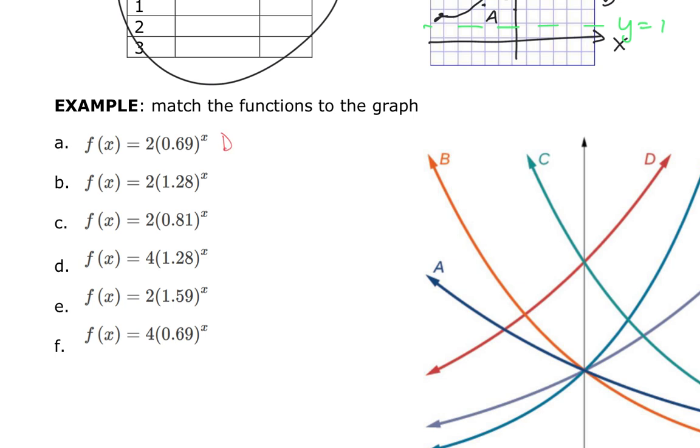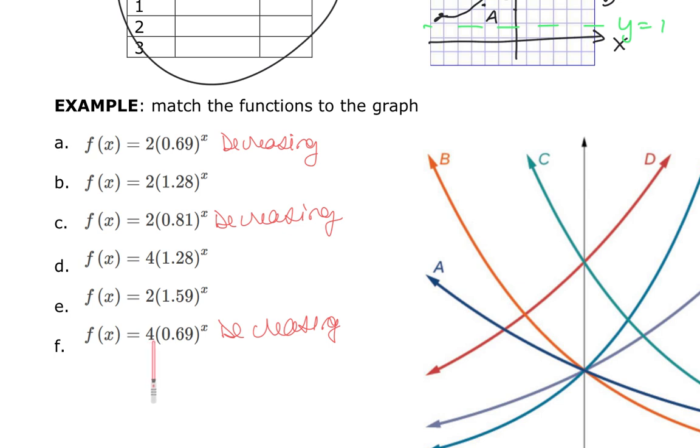So I know this one's decreasing. This one's decreasing. And this one is decreasing. So I know that this F, this C, and this A have to be A, B, or C here. So now I'm going to pay attention to the coefficient out front.